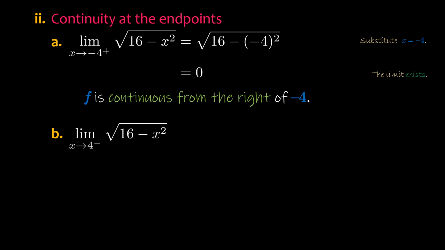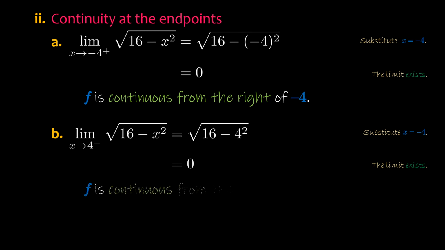Evaluate the limit from the left at x equals 4. Because the limit of f of x, as x approaches 4 from the left, can be calculated by direct substitution, f is continuous from the left of 4.